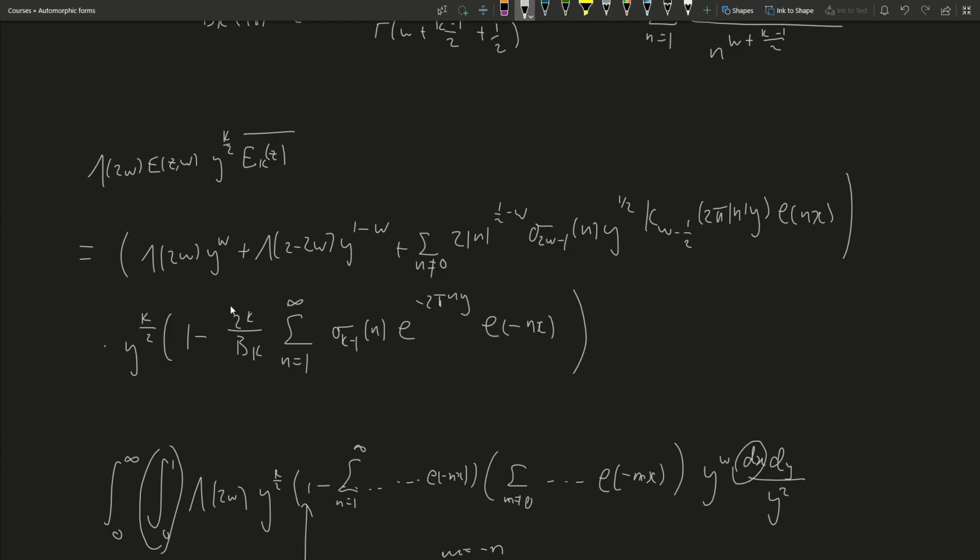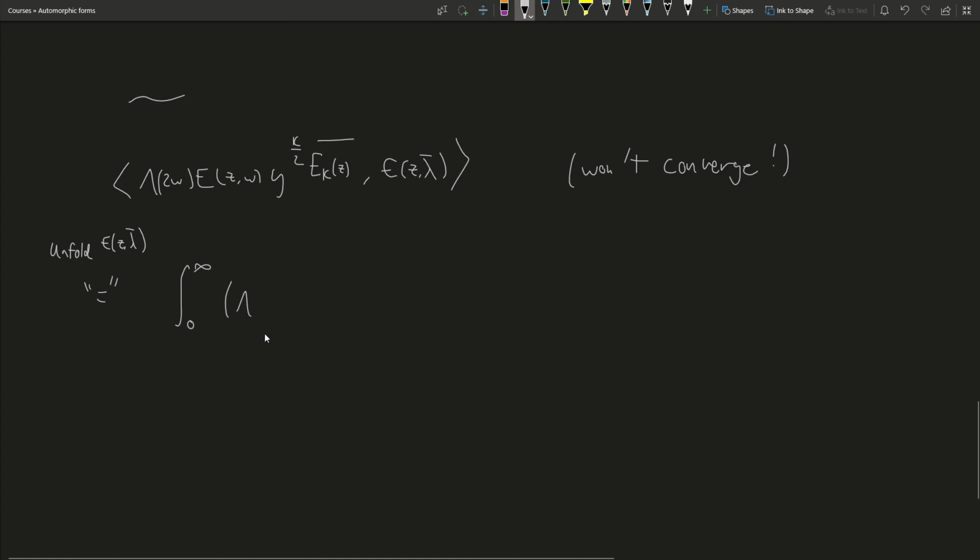So you end up with lambda 2w y to the w plus lambda 2 minus 2w y to the 1 minus w, constant term of the real analytic Eisenstein series, times y to the lambda minus 1/2 plus k minus 1 over 2 dy over y.